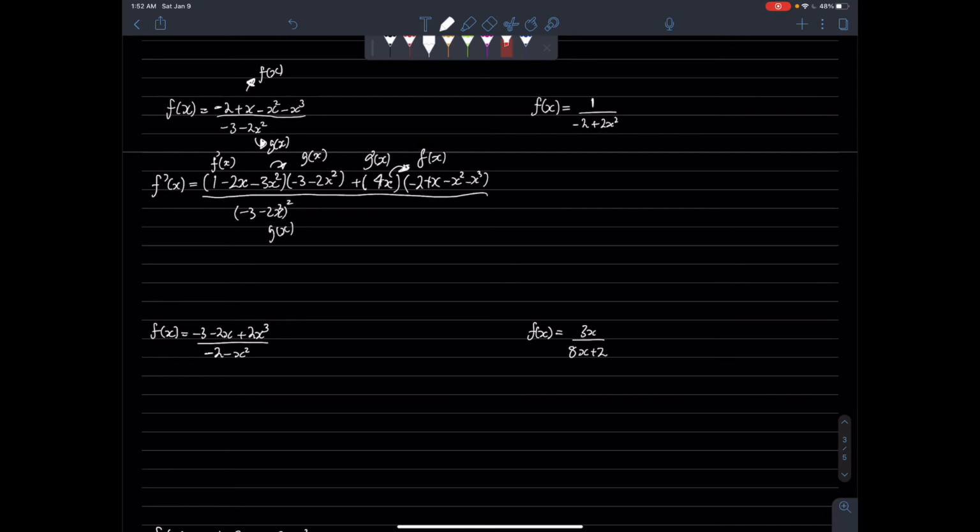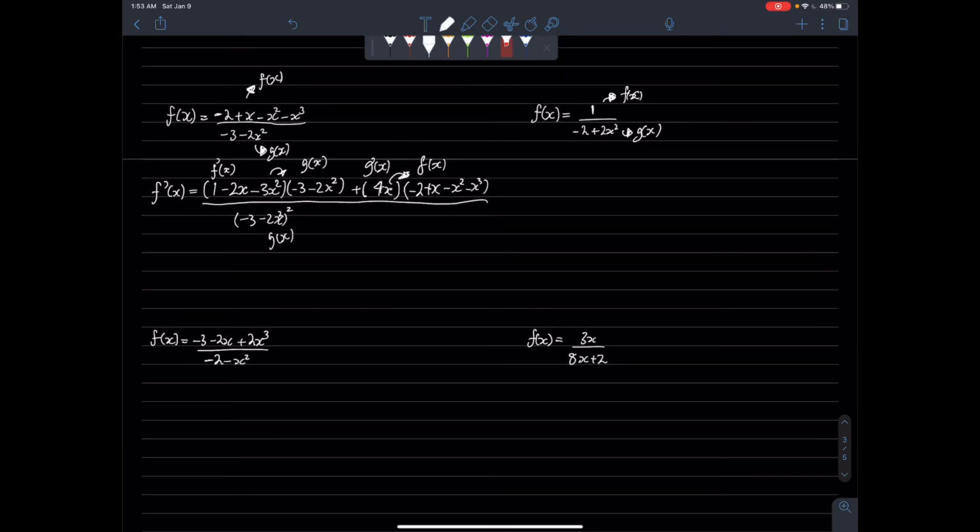Next one. So let's identify our functions. f of x, g of x, f prime of x is, why am I doing that? Oh, sorry, quick confusion. Yeah, so I see. This is not this.